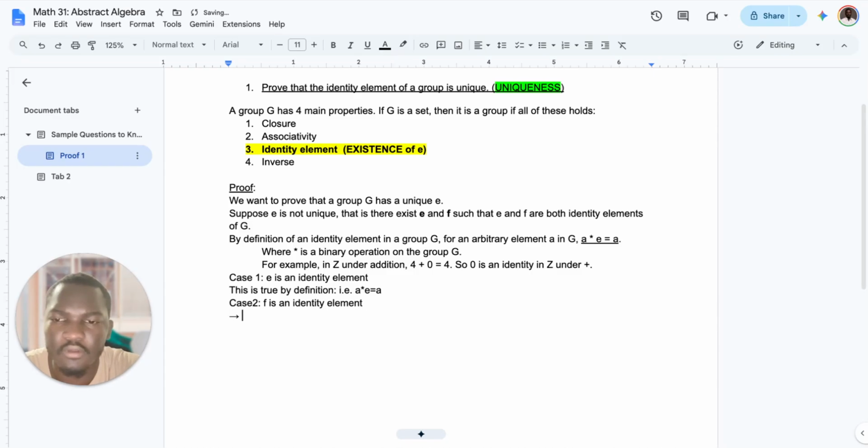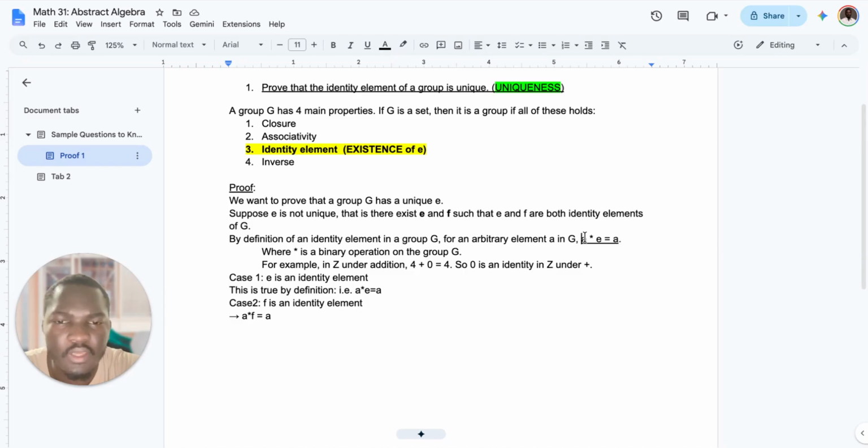What does this give us? It should be true that A star F, treating F as an identity, equals A. Okay, this is not good. Let's modify this a little bit.